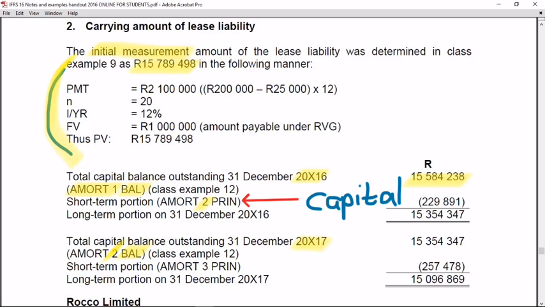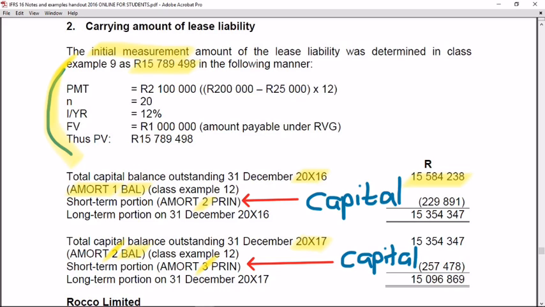The third period, the X18 period's principal repayment, would then represent the capital portion that is payable in the next financial year, and that is again your short-term portion for presentation purposes. In the end, you still present the full liability outstanding, but you have to, for IAS 1 purposes, split that presentation between a short-term and a long-term portion.